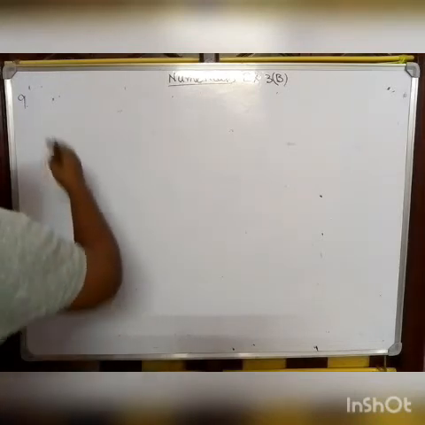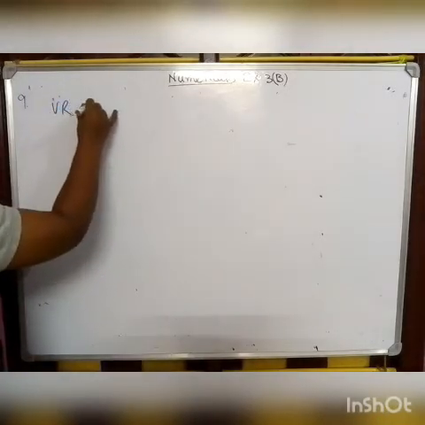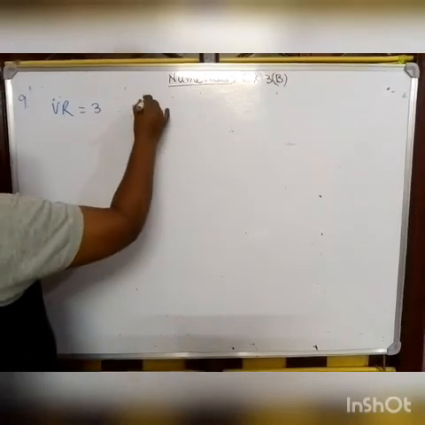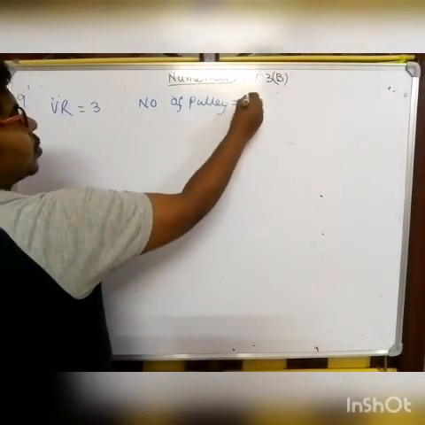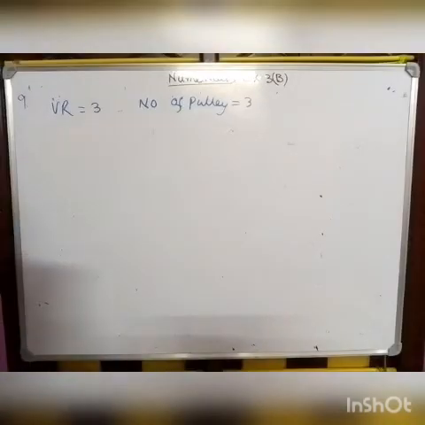So velocity ratio is equal to 3. That means the number of pulleys is also 3. It asks us to draw a labelled diagram of the system indicating the points of application and direction of load and effort. But the simple thing is that we have already drawn it.